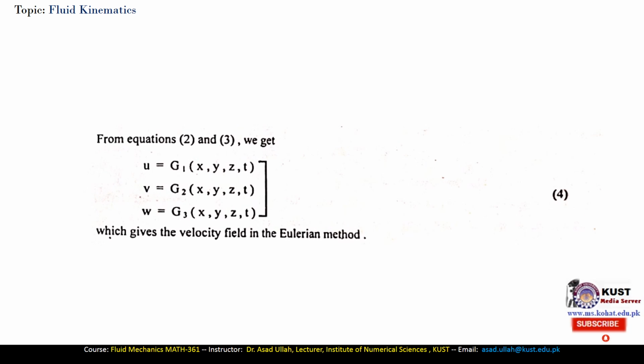Now using equation number 3 in equation number 2 to eliminate x naught, y naught and z naught, we get equation 4. In equation 4, capital G1, G2 and G3 are general functions. This equation number 4 is free from the position vector r naught, that is x naught, y naught and z naught, which shows that we are in the Eulerian method of specification.